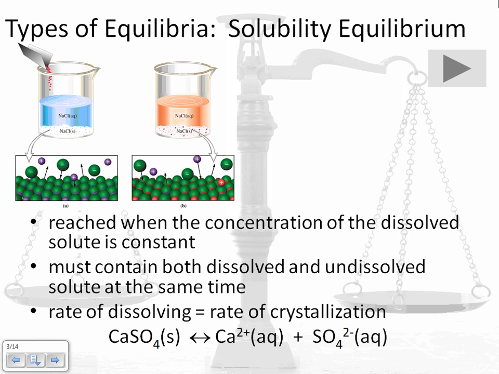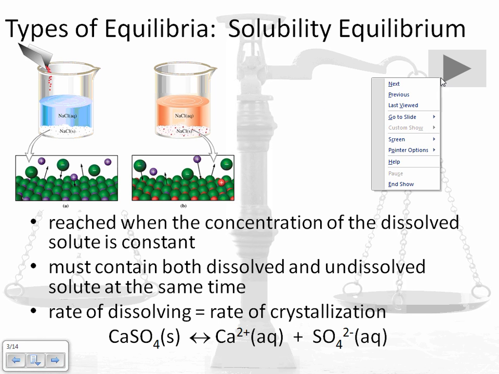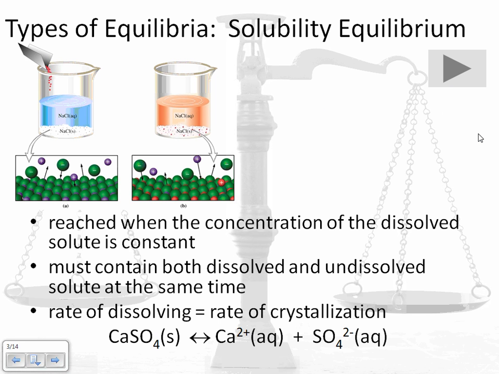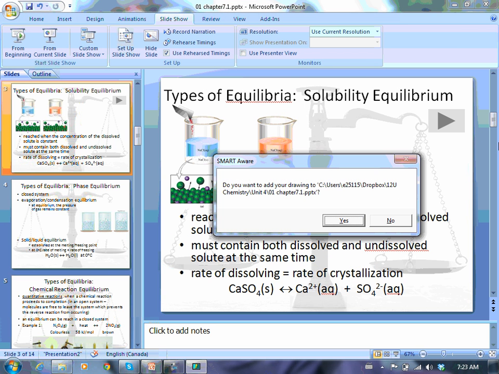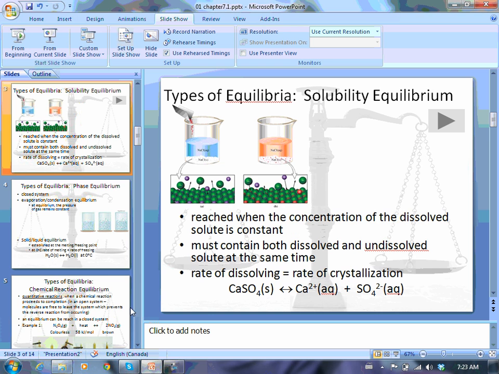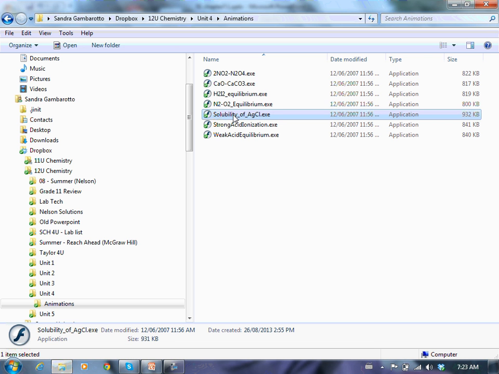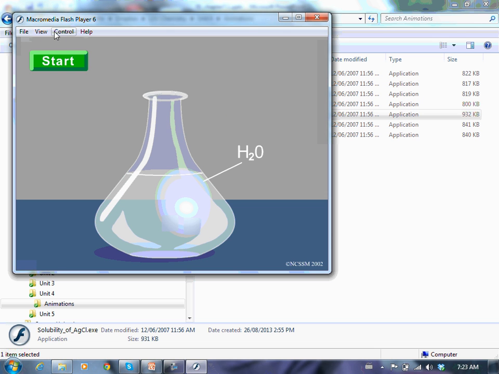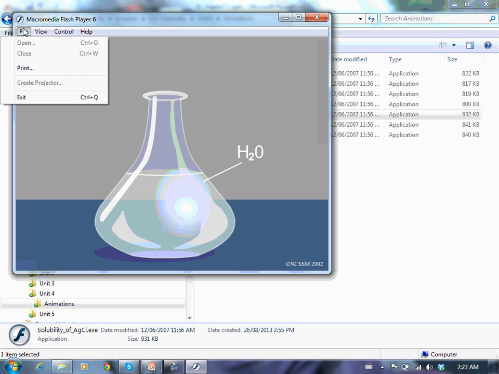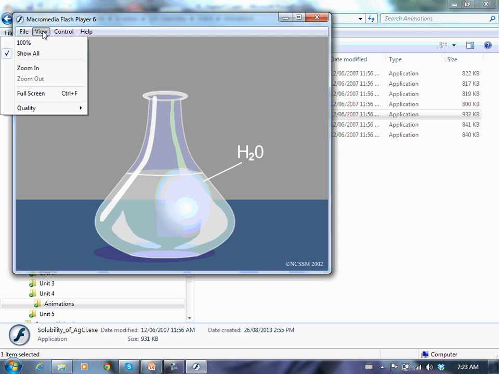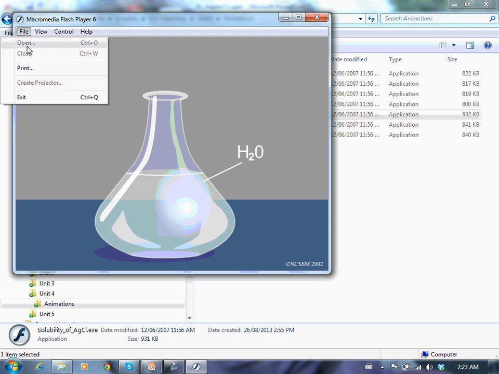I don't think my link here works. Open? No. Okay, so I'll have to select it from my actual file. Let me just grab that. I can't seem to be able to control the volume on here.